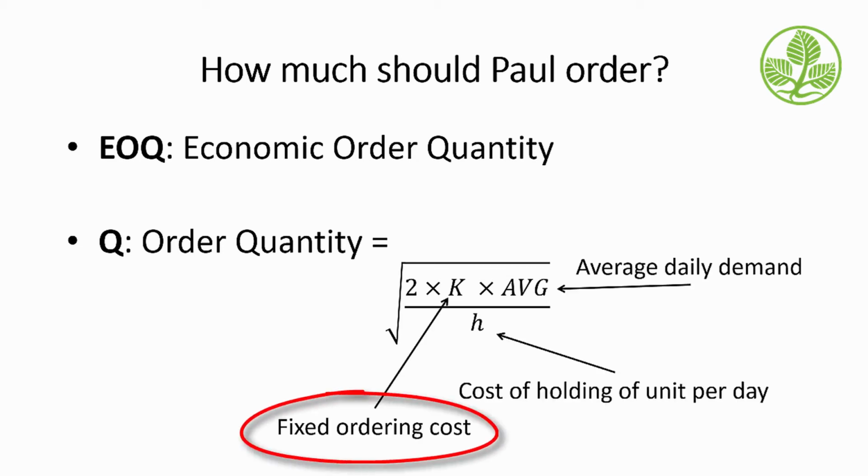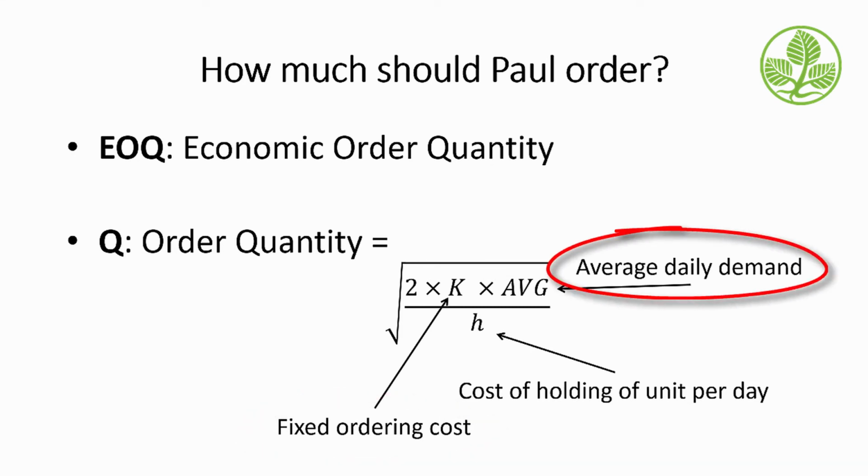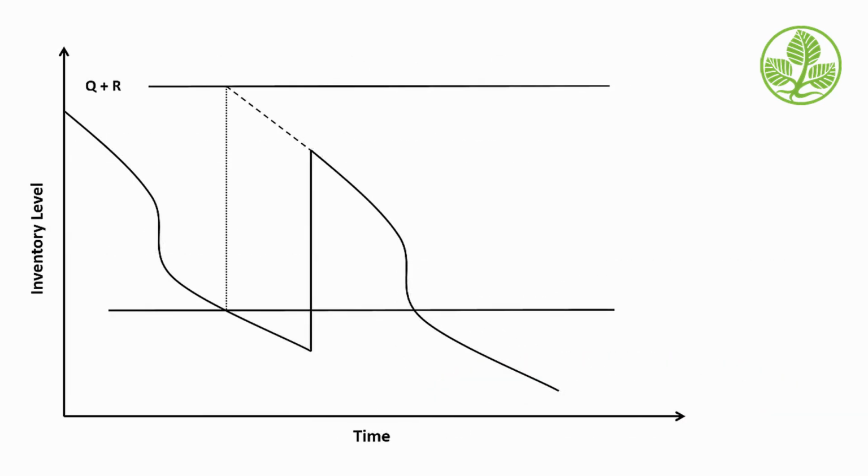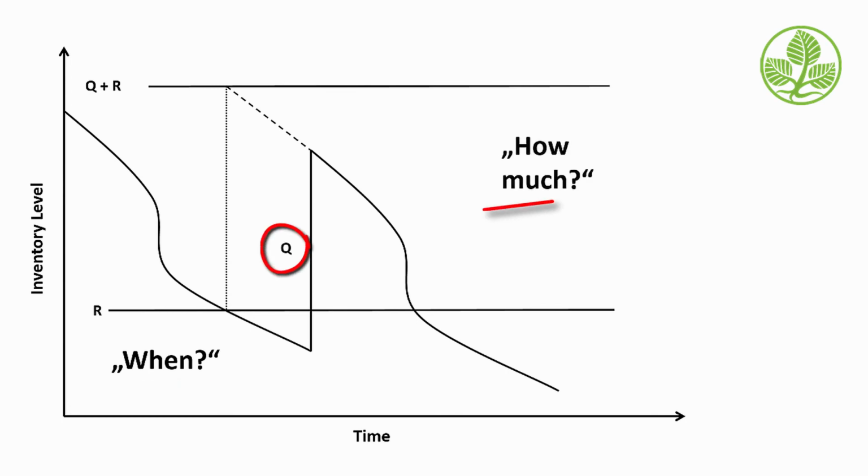K represents fixed ordering cost. Again, we need to take into account the average demand and the holding cost per unit. To sum it up, now Paul can calculate the reorder level, so he knows when to order. And he can calculate the economic order quantity, so he knows how much to order.